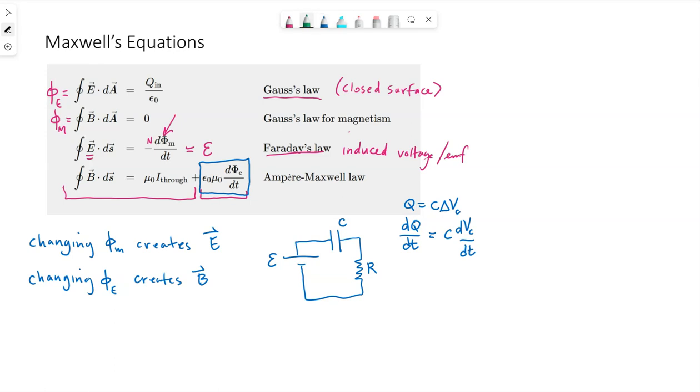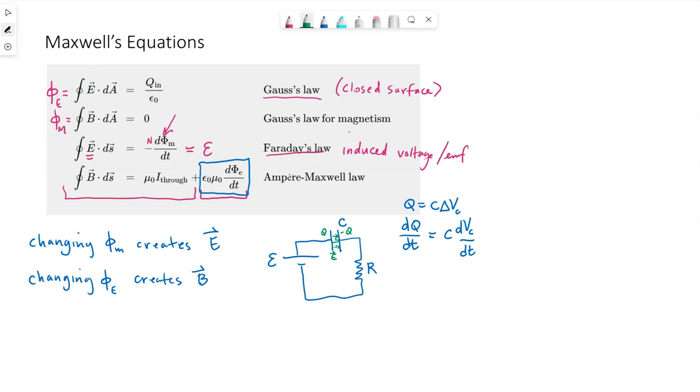So if you recall, if there's charge on the plates of the capacitor, there's an electric field in here. If that electric field is changing, there will be a magnetic field circling that changing electric field. So changing electric flux will cause a changing magnetic field.